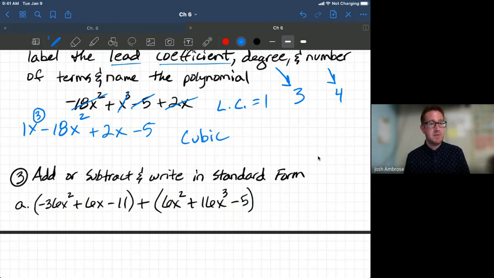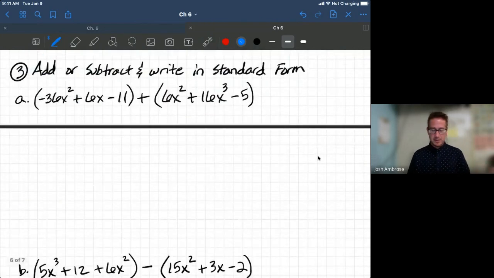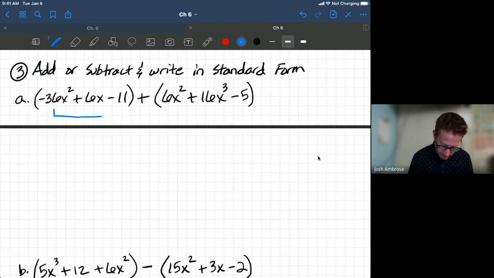That covers everything in that question that they were asking of us. Let's move on to example 3. Add or subtract, and then write this into standard form. Because there's an addition sign in between the parentheses, we really don't even need the parentheses, meaning you can just immediately jump in and start simplifying. There's an x squared, there's another x squared.